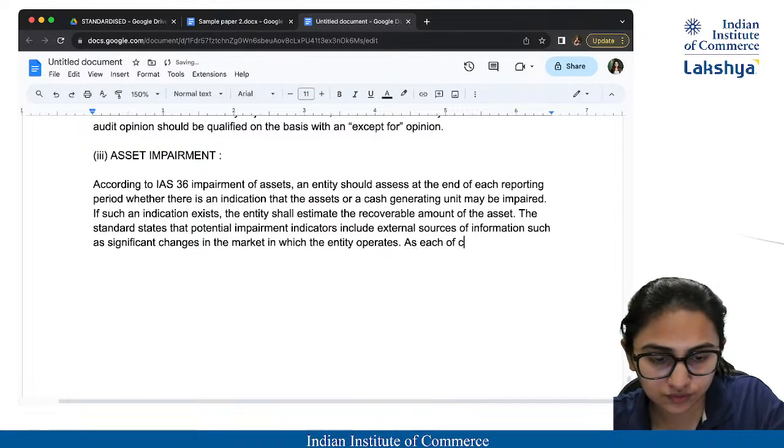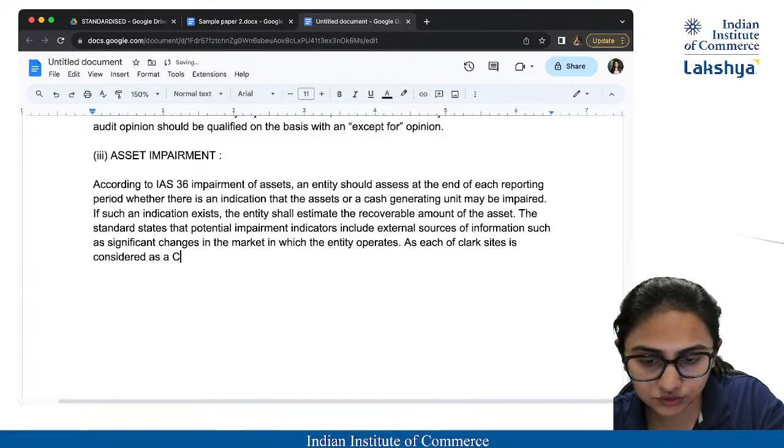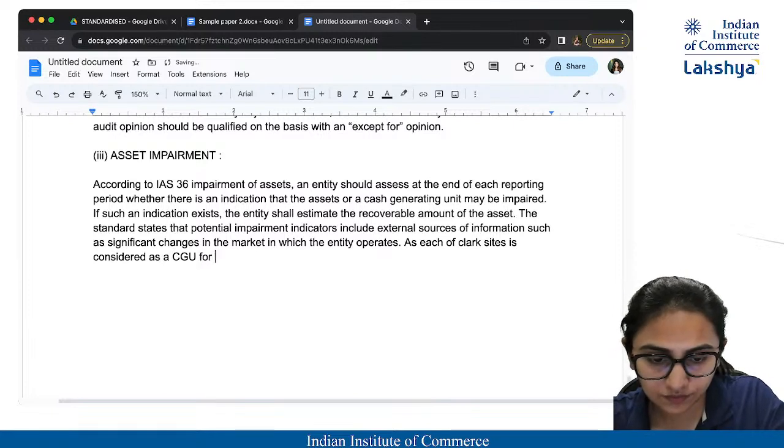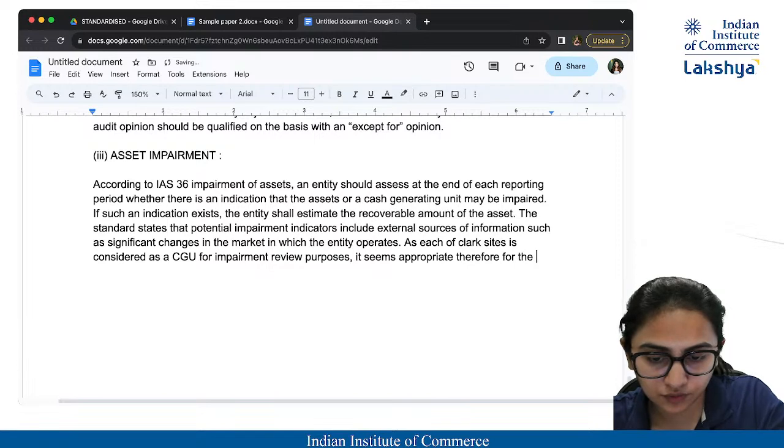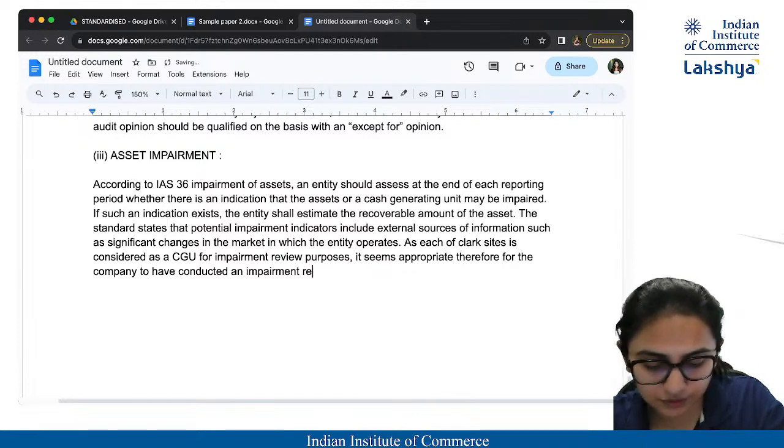As each of Clark's sites is considered as a cash generating unit for impairment review purposes, it seems appropriate therefore for the company to have conducted an impairment review at this site.